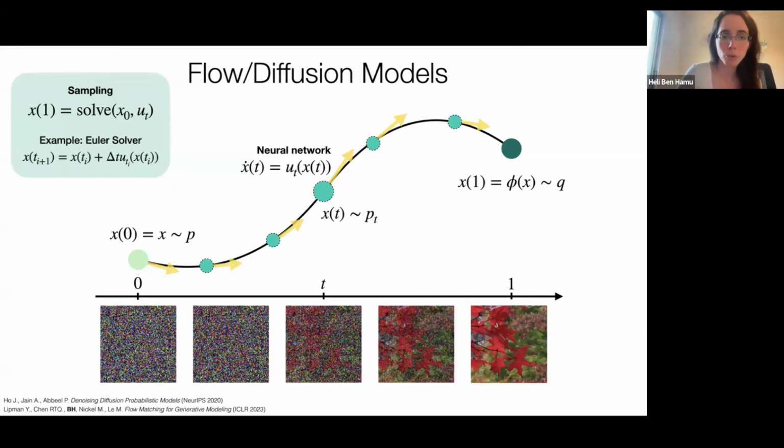One of the best known is the Euler solver, which is a discrete solver, where at each step we compute the velocity where it points, and we take a step in that direction, multiplied by the size of the discretization step that we have chosen. So this is how sampling would look like.